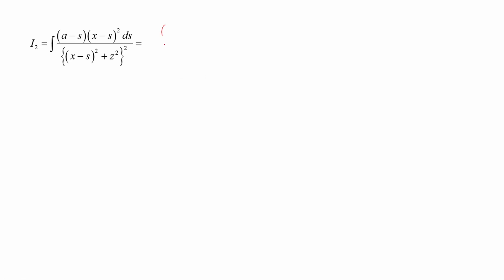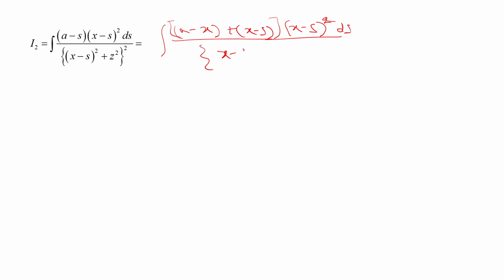So, here I will write it again a little bit the same way that we did here. Let us say a plus x minus, sorry, x minus s. We would write a into x minus s, right. So, it is a minus s, a minus x and plus x minus s, and here we write x minus s whole square, and this is ds by x minus s square plus z square.